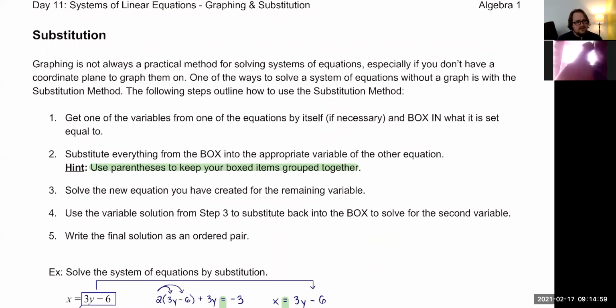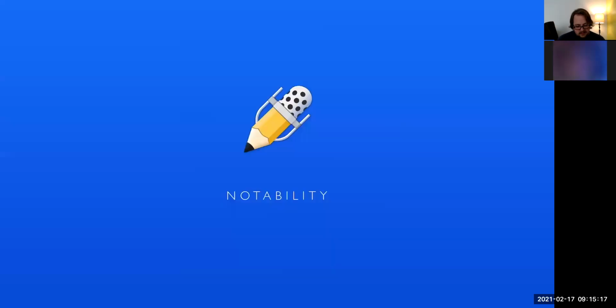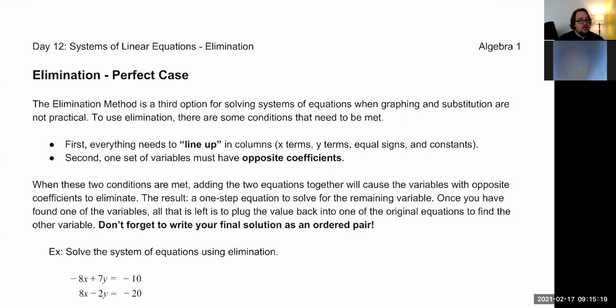We boxed it in. We replaced that variable that it was tied to, followed through our process, found one of the variables, and used that variable to help us find whichever variable was left over. Because remember, the goal is still the same. We're still looking for that ordered pair where the two lines intersect. So the final solution is still going to give us both an x coordinate and a y coordinate.